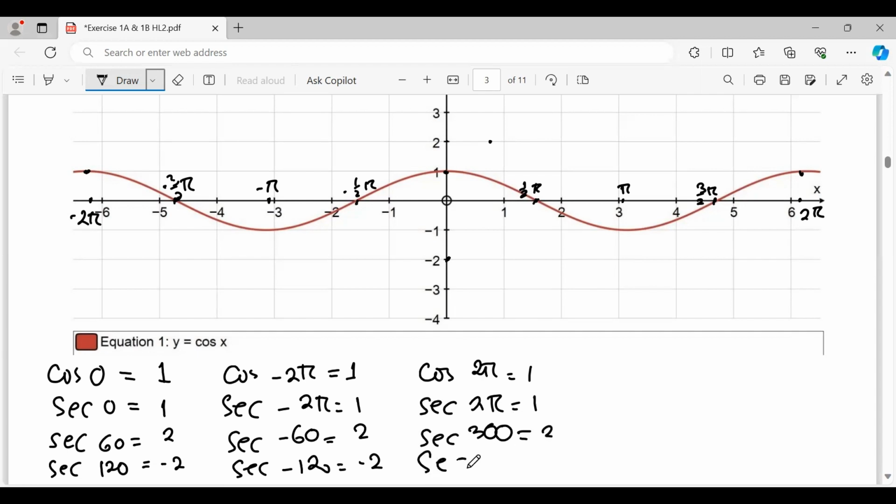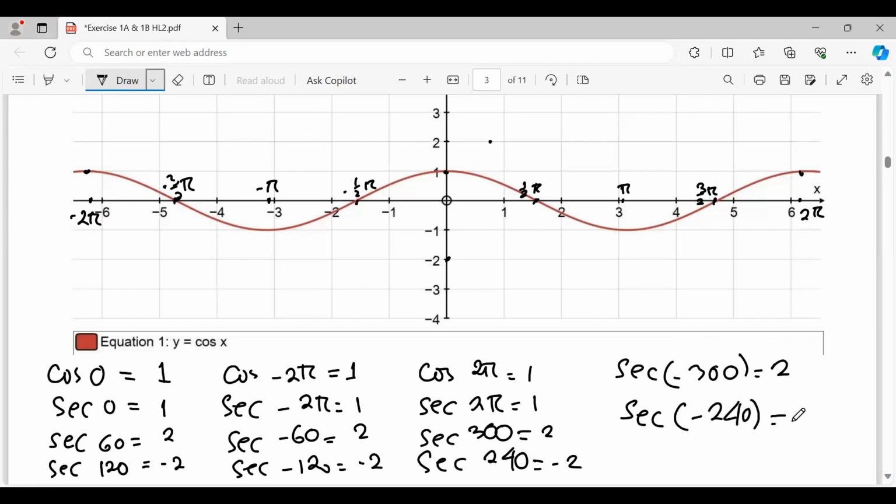Okay, secant 240 equals negative 2. And then secant minus 300 equals 2. Okay, sorry. So secant minus 240 equals minus 2.